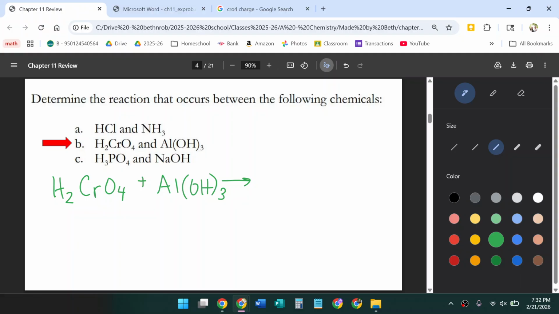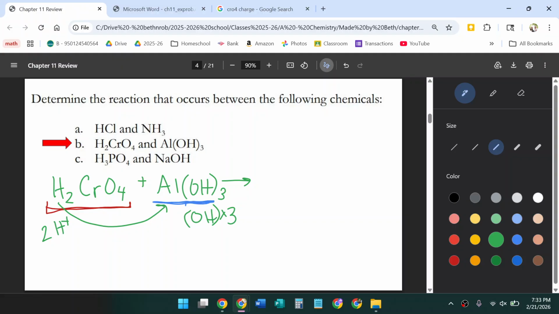So again, if we recognize that OH is what usually indicates, hey, this must be a base, and this H at the beginning tells us this one's probably our acid, then we can figure out that we need to take this H and move it here. But we have 2 of those H pluses moving, and we have our OHs that are receiving them. We have 3 of them because of this little 3 subscript.